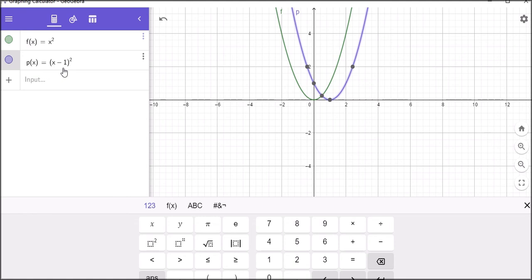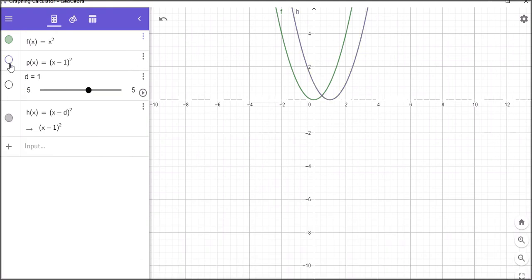So next we're going to set up another changeable function, like (x minus d) squared. So d is changeable. Okay, we hide that one. We can change d from negative values, to negative 5 here, which means the graph moves left 5 units.